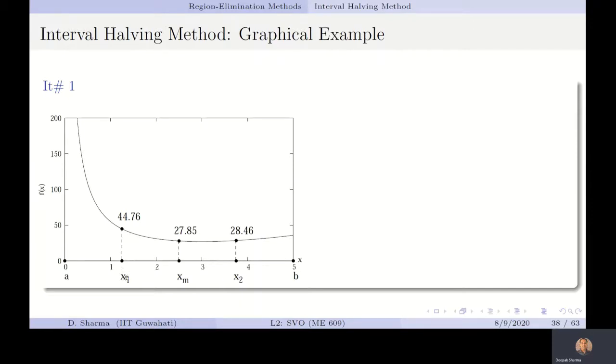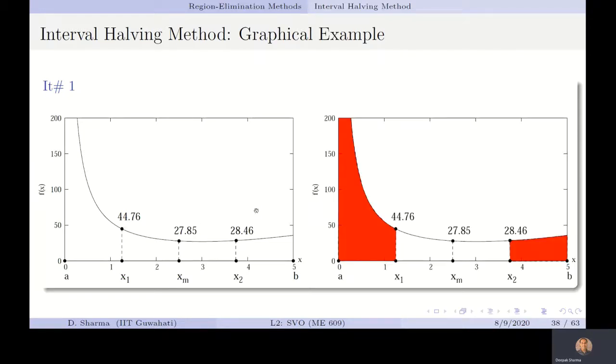Here I have not shown the values of x1, x2 and xm, which are already given. I'm just showing the function values because these function values will help us to eliminate the region. Now you remember that in iteration 1, the step 3 condition and step 4 condition are not met. So that's why we eliminated 2 regions.